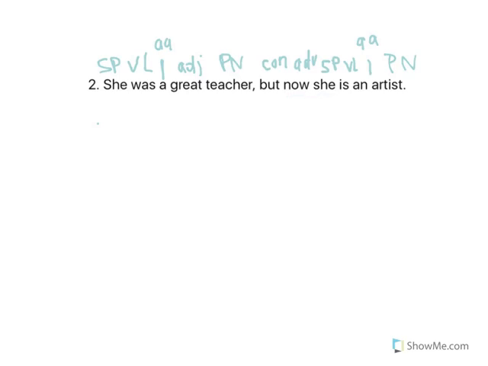This is a declarative sentence. Is this a simple sentence or a compound sentence? It has an independent clause. She is an artist is another independent clause, and it's joined by a coordinating conjunction and a comma. So we know that this is a compound sentence.